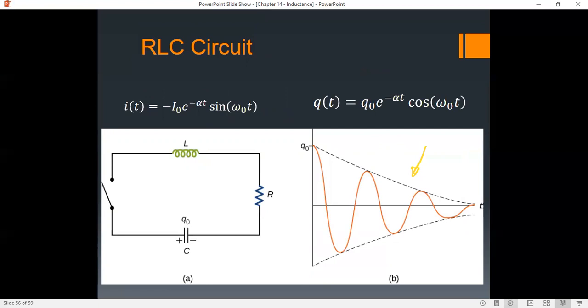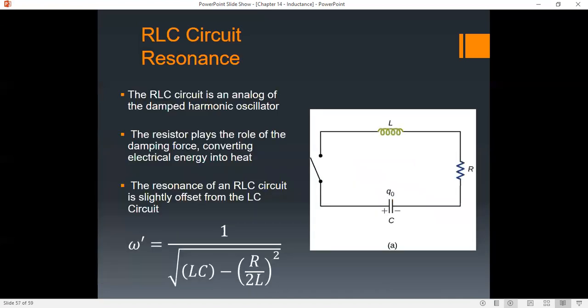So again, what's really nice is that we can see that what we learned in physics 1 with the simple harmonic oscillator actually has an electric analogy in the RLC circuit. It's comforting to see that we learned something that we can apply in other situations. So again, the RLC circuit is an analog of this damped harmonic oscillator.